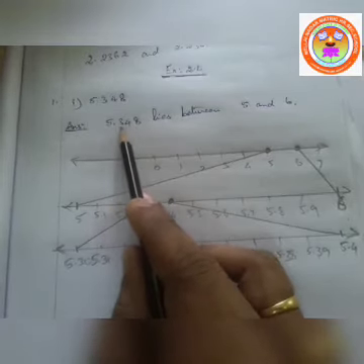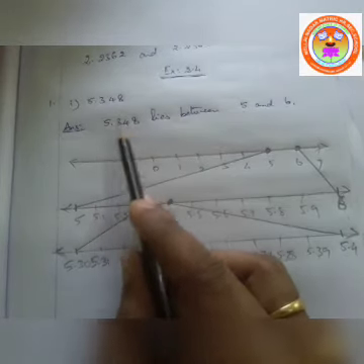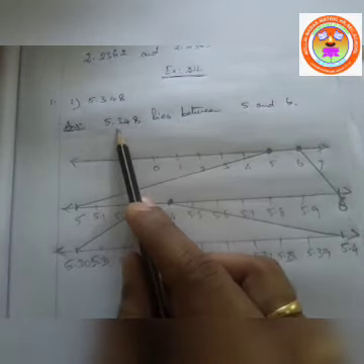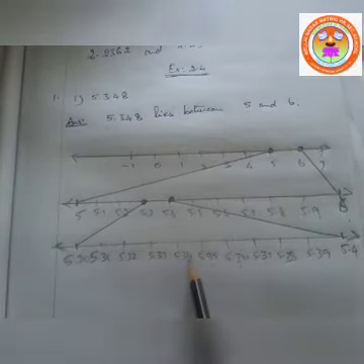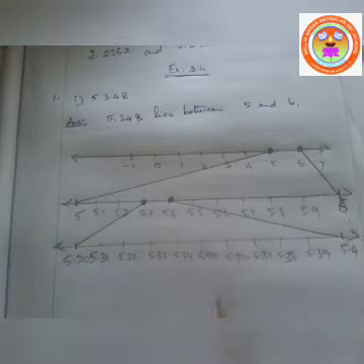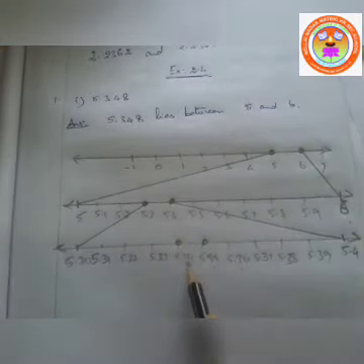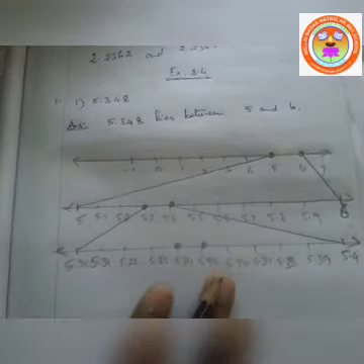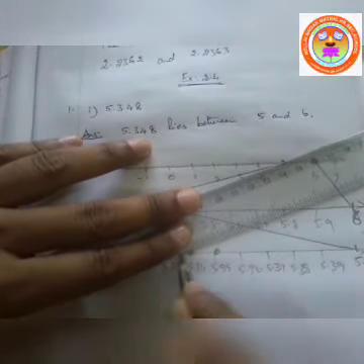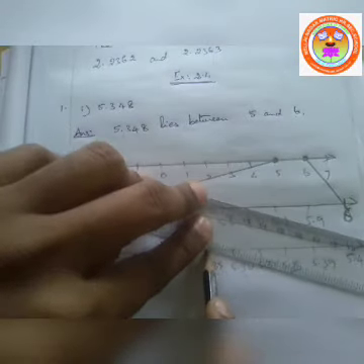This 5.348 will lie between 5.34 and 5.35. Are you agree with me? Yes, this lies between 5.34 and 5.35. So what we have to do? We have to expand this also. Expanding means this number we have to write first, and this one we have to write as the last number.